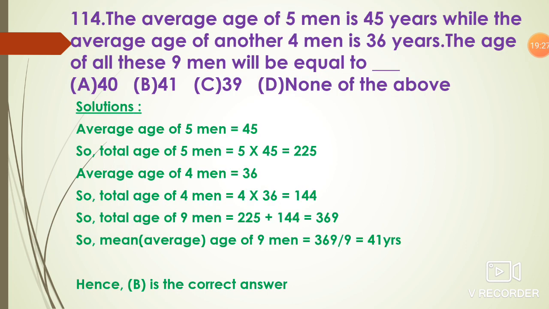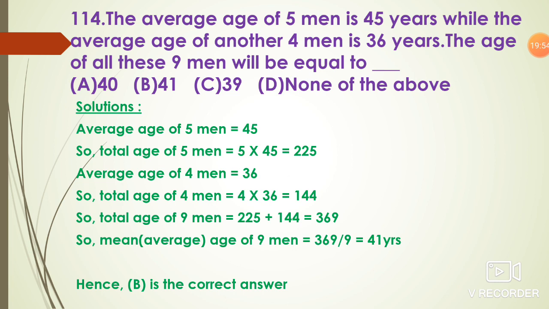Question number 114. The average age of 5 men is 45 years, while the average age of another 4 men is 36 years. The average age of 9 men will be dash. Average age means mean age. So the average age of 5 men is 45, so the total age of 5 men is 5 into 45.